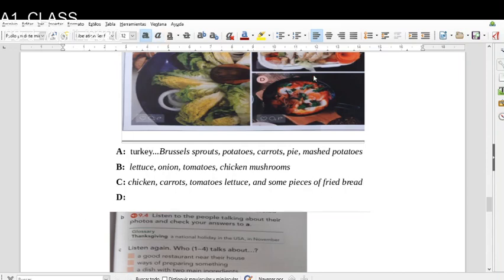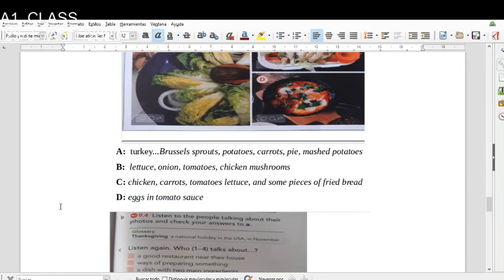And the last one, focus on D. The last one, what can you see? Oh, the picture is not so clear. Well, you can see some eggs in tomato sauce. Yeah, some eggs in tomato sauce, salsa de tomate.